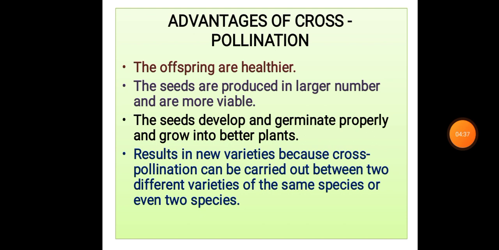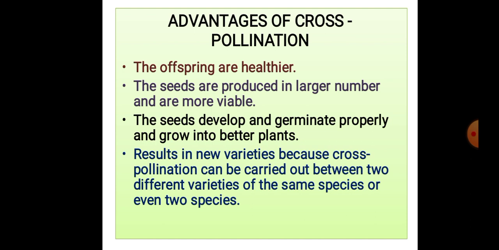Now we discussed viable, means seeds are more viable, good, healthy, and resistant to diseases, pests, and drought. Progenies are healthier and productivity is higher.